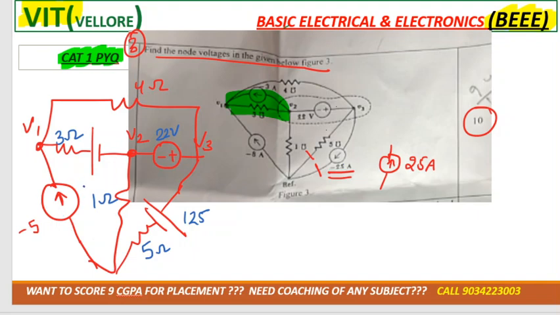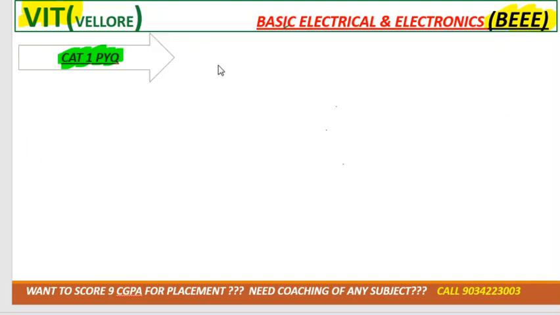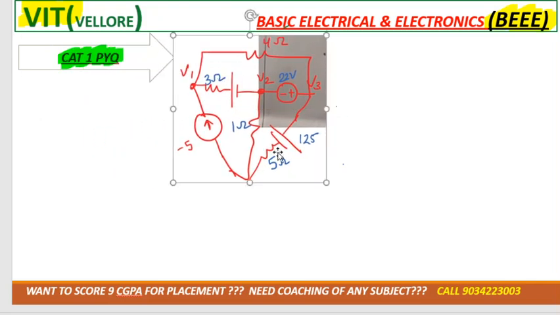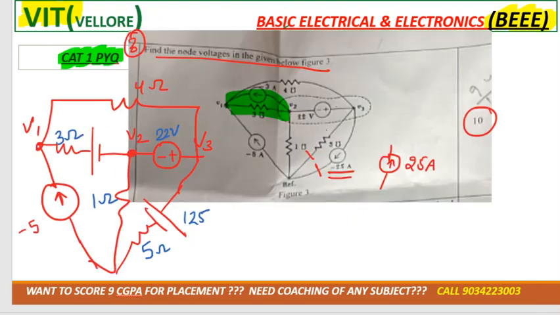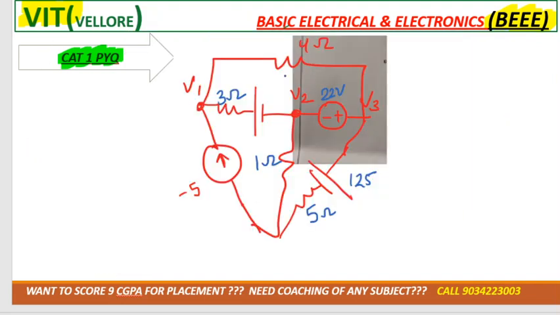Diagram. We are having the... I'll mark current accordingly. Okay, I1, I, I5.